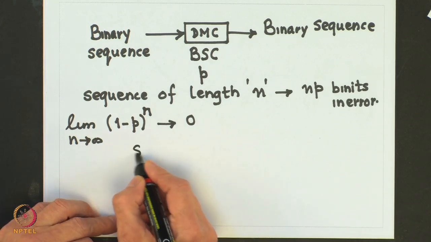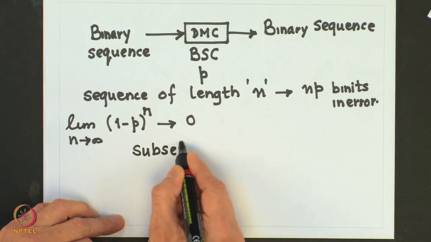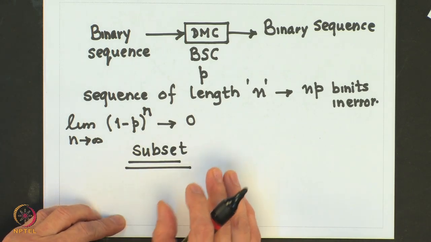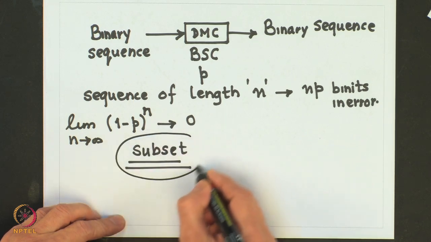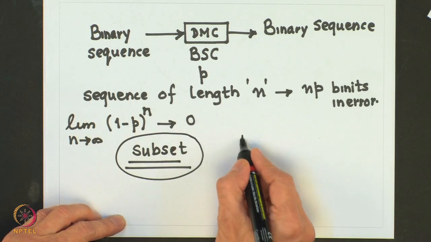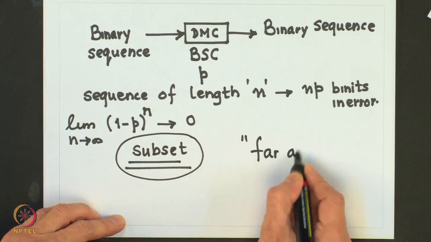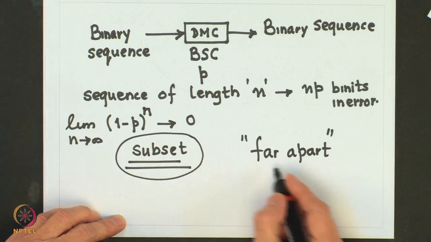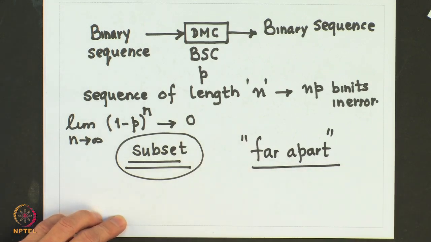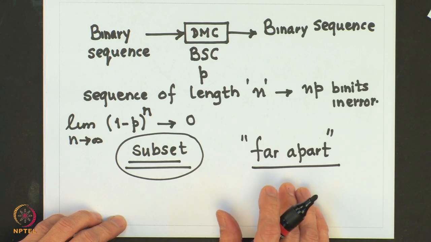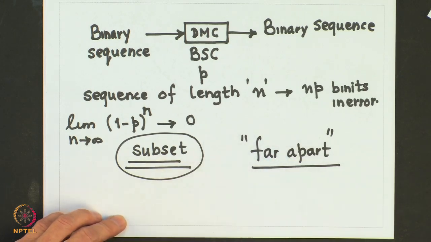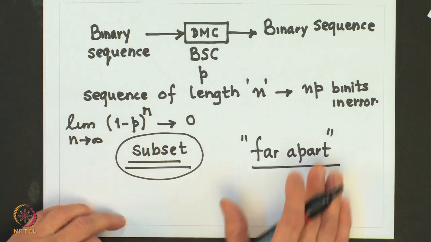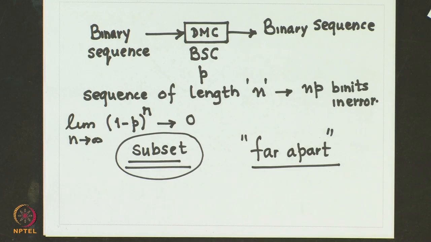Now, the subset has to be selected in a manner such that the sequences in this subset are in some sense far apart. So, if it satisfies this condition, then it should be possible for us to recognize and correctly detect at the receiver the transmitted sequence even in the presence of channel errors.